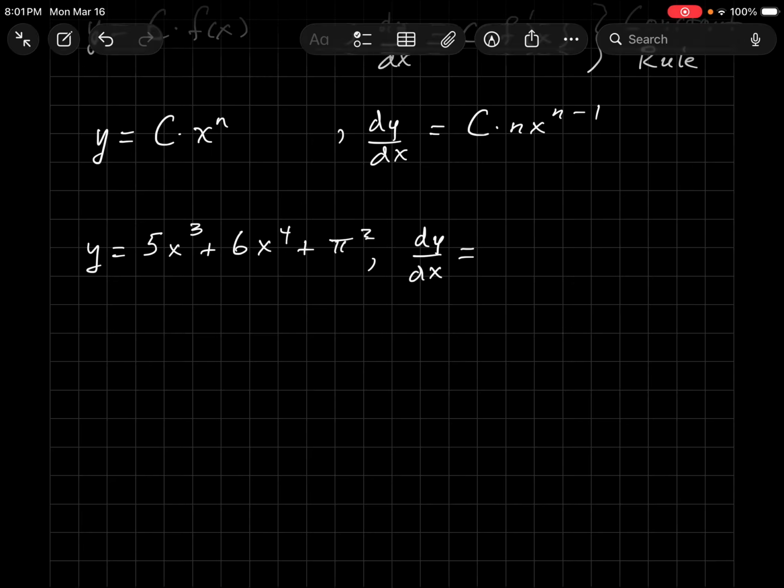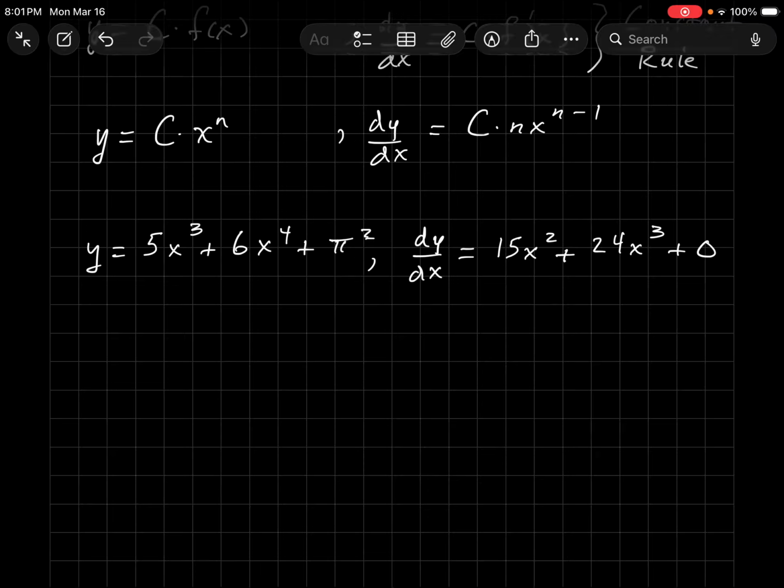Hopefully you have taken a guess at the derivative. Well, the derivative of 5x cubed plus 6x to the fourth plus pi squared is 5 times the derivative of x cubed, or 15x squared, plus 6 times the derivative of x to the fourth, or 24x cubed, plus 0.